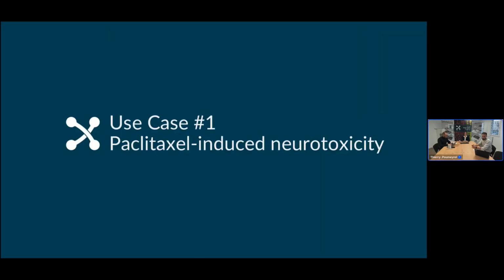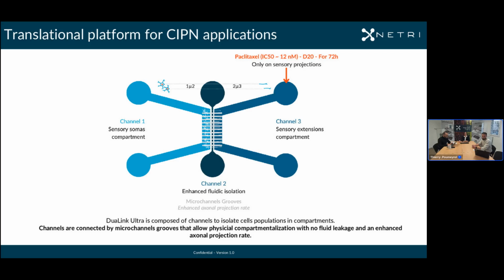Now the first use case is about paclitaxel-induced neurotoxicity and how you can model it in our chips. We use the DuaLink Ultra, which has 3 channels connected by microchannels.